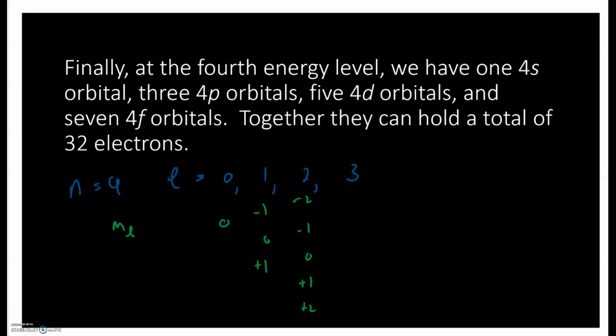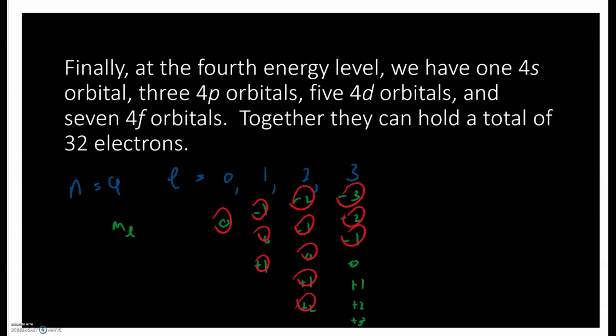And for 3, -3, -2, -1, 0, +1, +2, +3. If you count up each of these, 2, 4, 6, 8, 10, 12, 14, 16, 18, 20, 22, 24, 26, 28, 30, 32, you'll see that they can hold a total of 32 electrons at the 4th energy level.